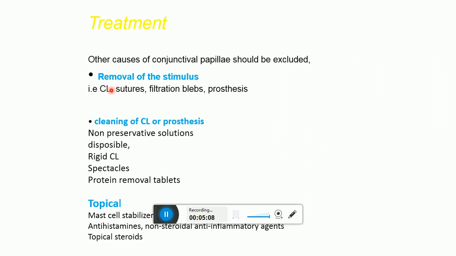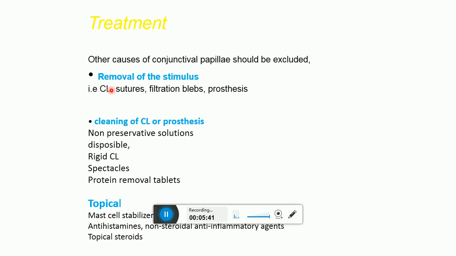Now treatment. First of all, exclude other causes of conjunctival papillae as well as contact lens intolerance due to other causes, such as a reaction to the lens cleaning solution, or dry eyes. The first treatment is removal of the stimulus. Contact lens wear should be discontinued for several weeks and the current lens replaced. If there is mild to moderate disease, this may be adequate for resolution, sometimes in conjunction with reduced wearing time.